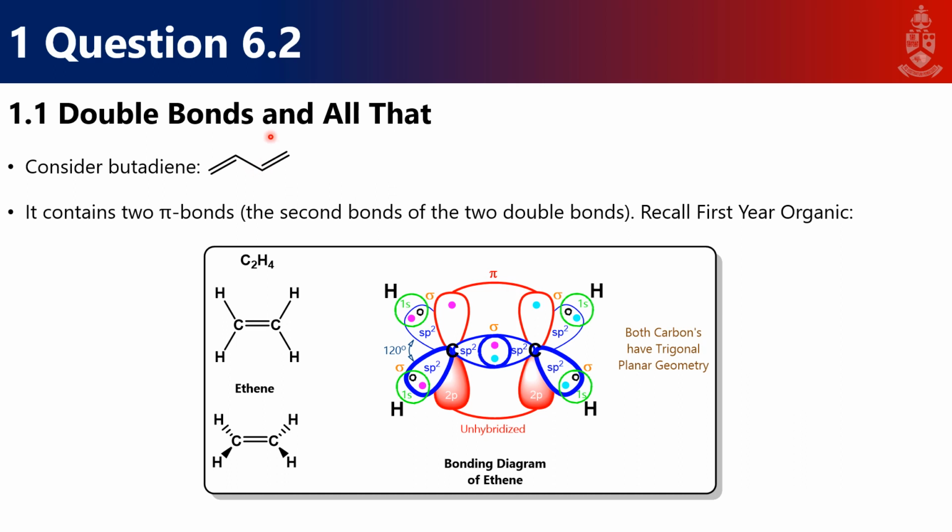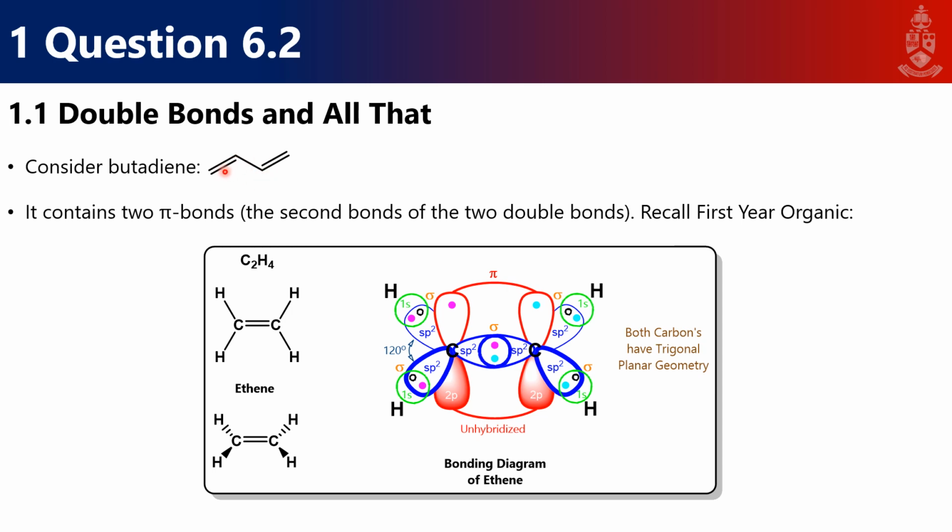In other words, in each of these carbons, there's going to be a p orbital that can overlap to form the pi bonds that you see here. And these are what we're going to mix to get the pi molecular orbitals.